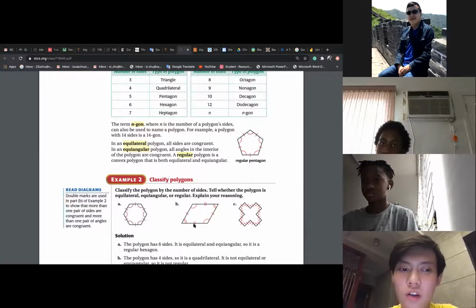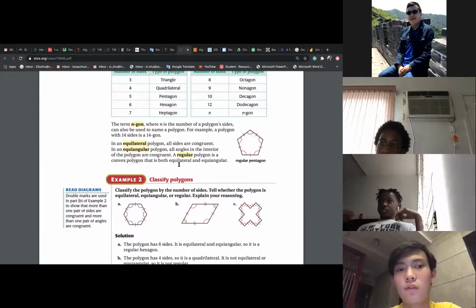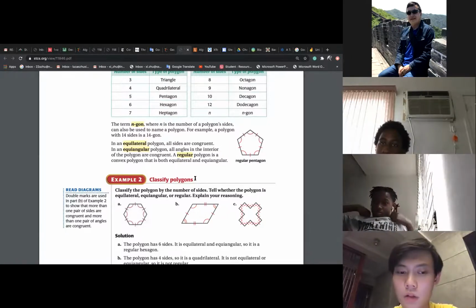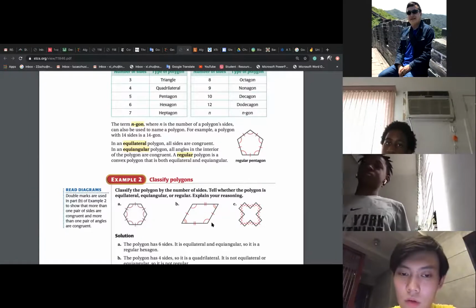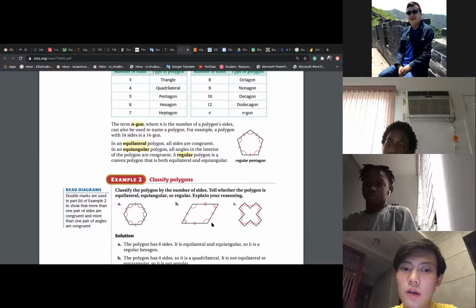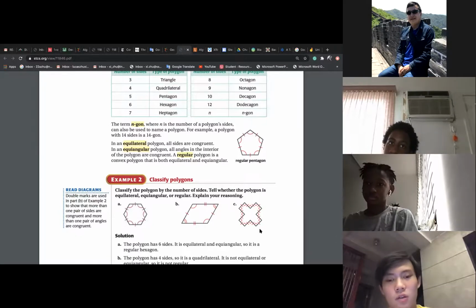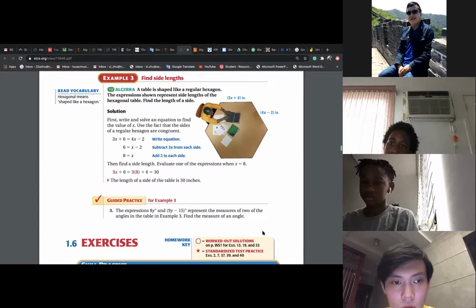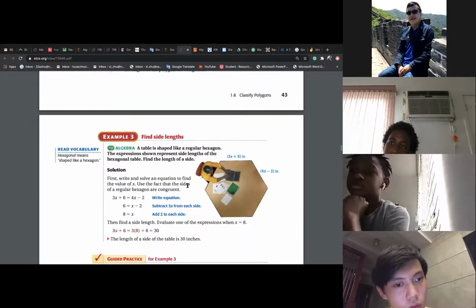So you can't say that they're equilateral, because you don't know if they're congruent or not. But also here, the angles are not congruent. So it doesn't belong to any of these.